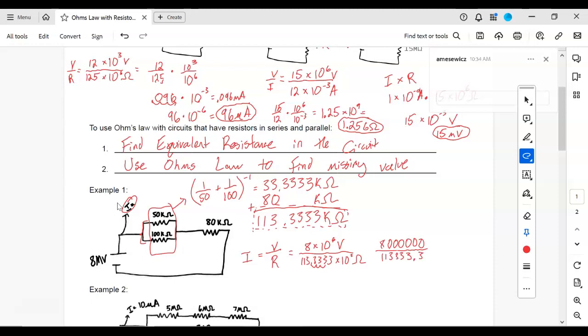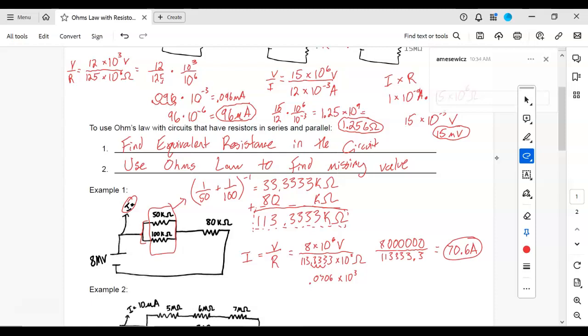3.3. Then we can just type this directly in the calculator and get the answer of 70.6 amps. Now, if you did it like this, what you would end up getting is 0.0706 times 10 to the third power, because 6 minus 3 is 3, and 0.07 kilo.